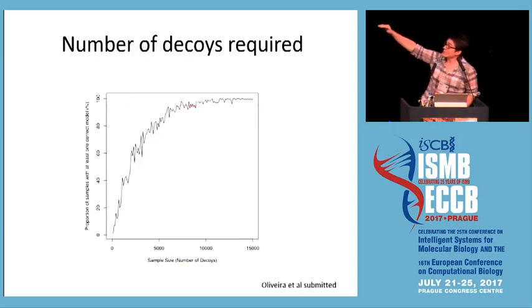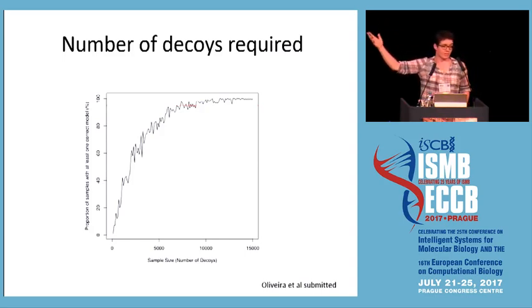And so then we could say, if I do that, how many decoys do I need to generate to say that 95% of the time I'll have at least one correct model in my sample. You could do the same thing, and I can show the results for it, for the best model. So how many do I have to generate that I will be within a very small distance of the very best model I have in the 100,000?